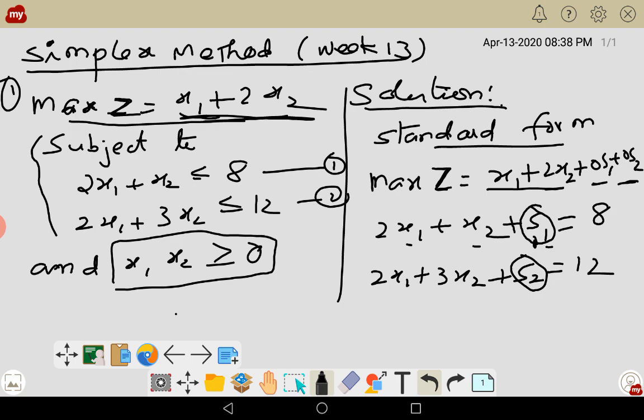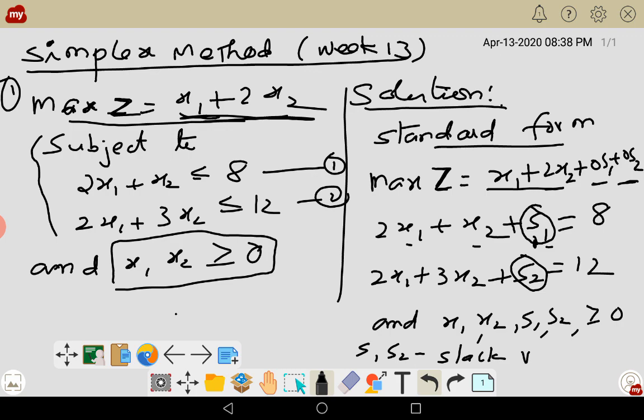Fine. Now finally we will write the non-negative restriction. All the values of x1, x2, s1, s2 should be greater than or equal to 0. These s1 and s2 are called slack variables, or you can call them dummy variables otherwise, isn't it? Slack variables because they are added to the left hand side.